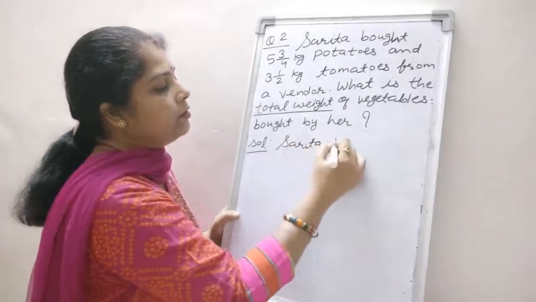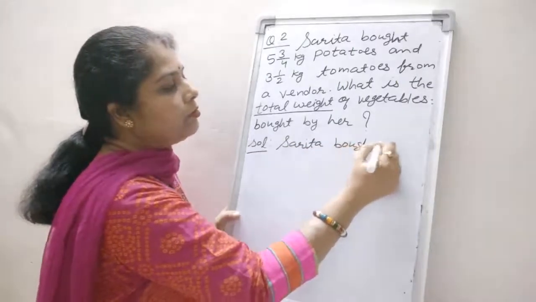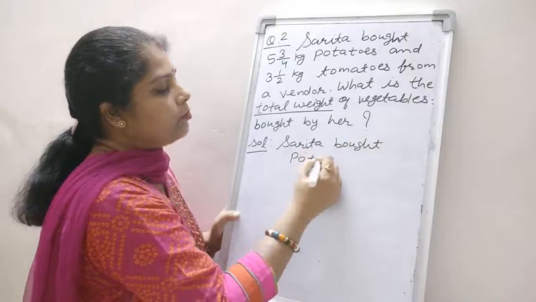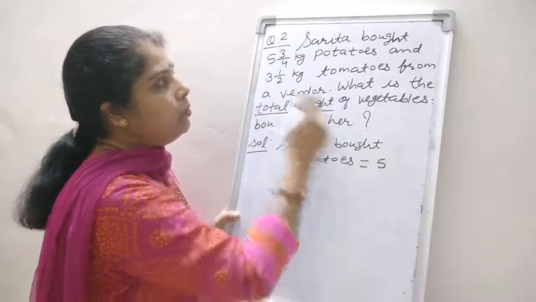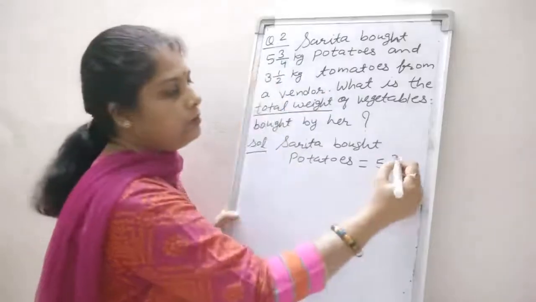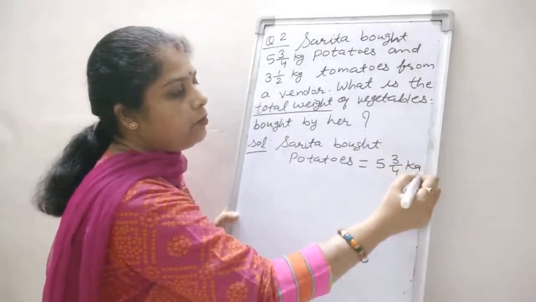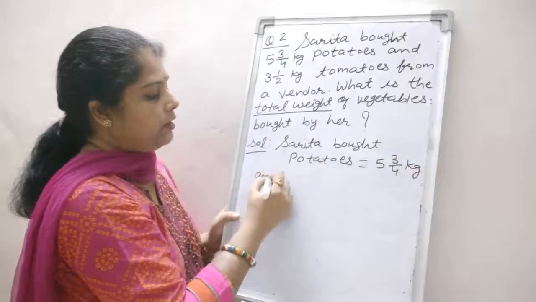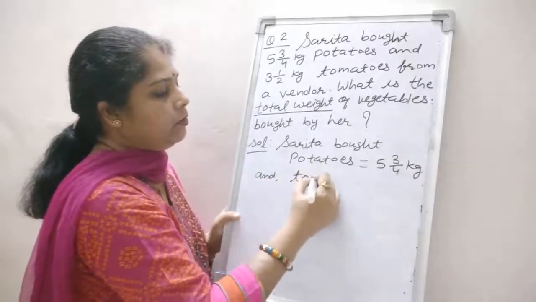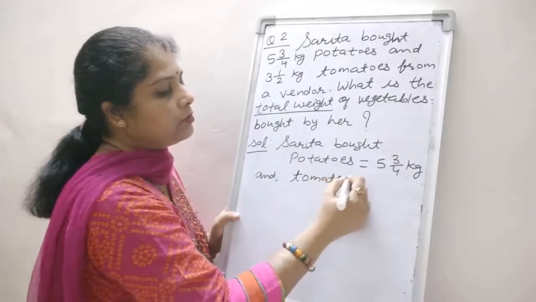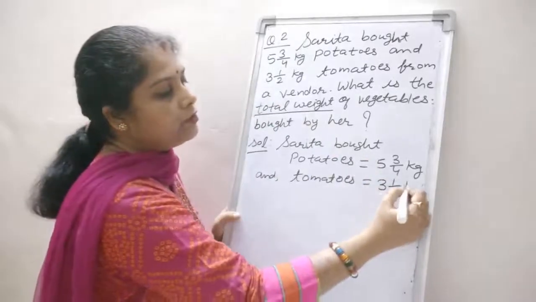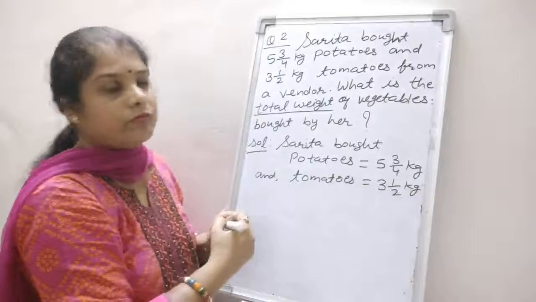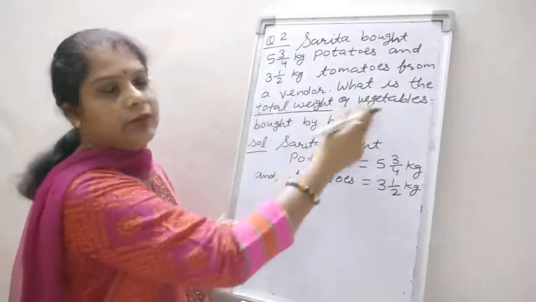Sarita bought potatoes equals to 5 3/4 kg and tomatoes equals to 3 1/2 kg. Now what we have to find? Total weight of vegetables.